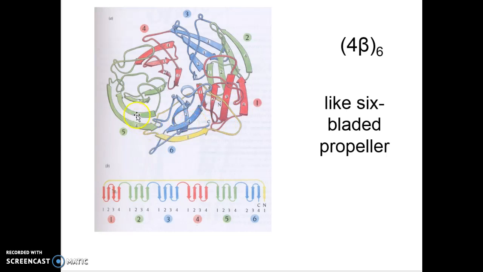So how many? 6 four anti-parallel betas are arranged in a way that the first one meets with the 6th, something like a circular barrel shape. So it is called a 6-bladed propeller structure. The topology at the bottom shows the relationship. Each unit is arranged side by side, but the last one is meeting with the first one.